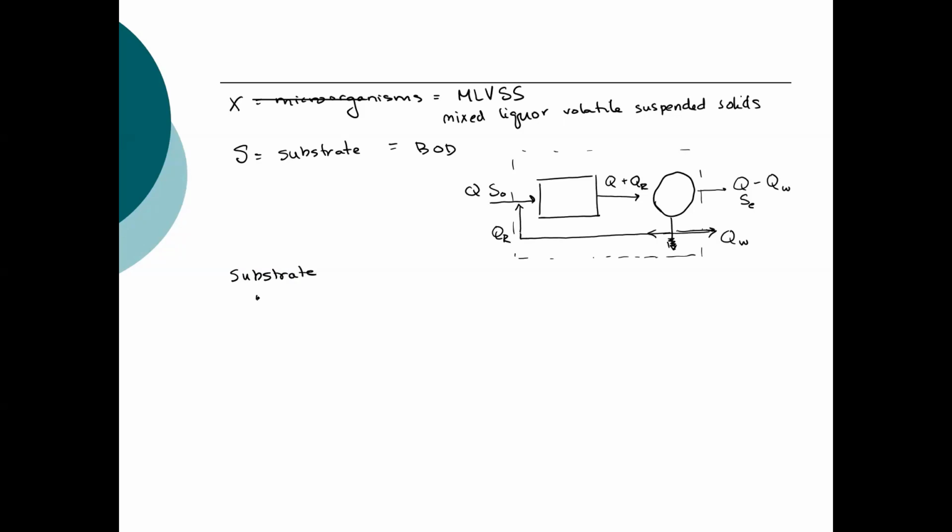The substrate in the influent, so that's Q times S naught, is equal to, again, think about what's lost, okay?